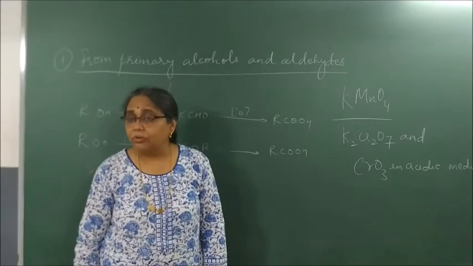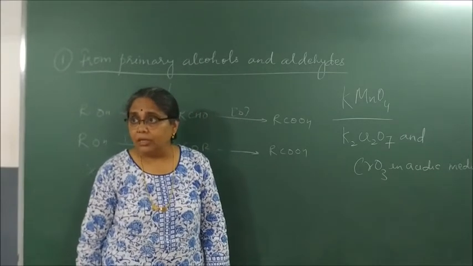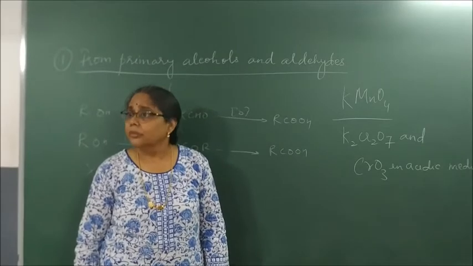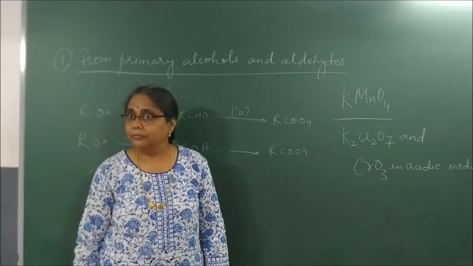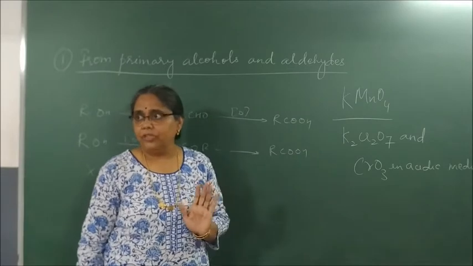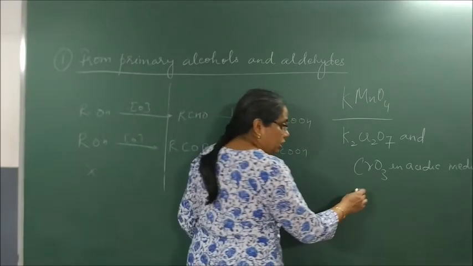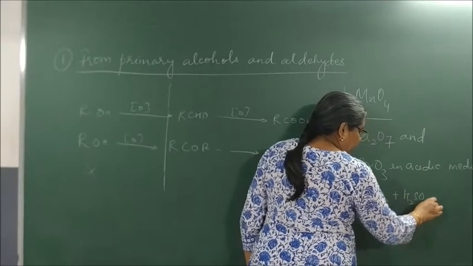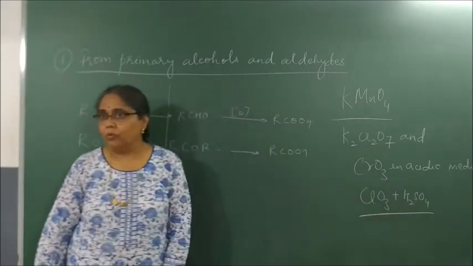What is CrO3 in acidic medium called? Please tell me what is the name of this reagent. You generally study this reagent as CrO3 and H2SO4. It has a beautiful name. What is it called?